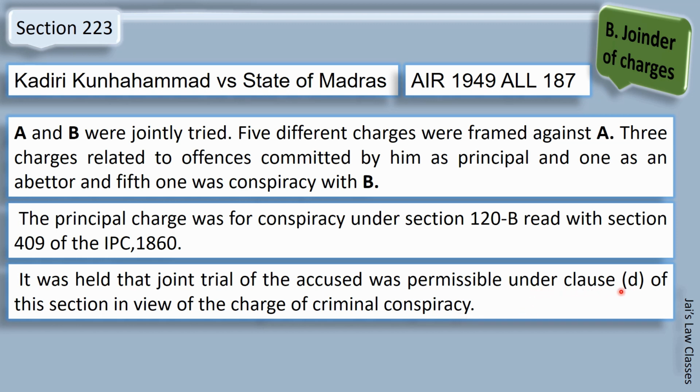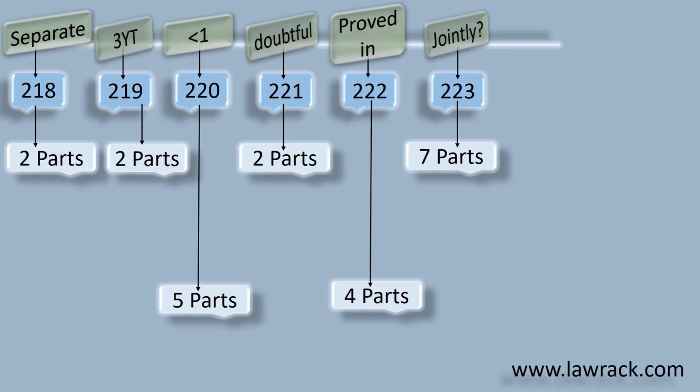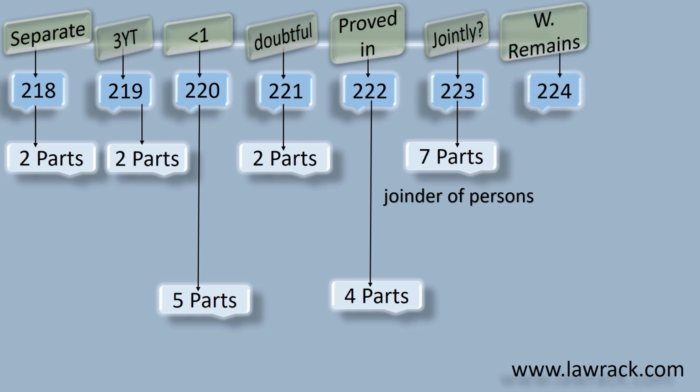Now write down in the comment what is clause D of section 223 so that you remember clause D of section 223 whenever anyone asks. Finally, after covering all 7 parts of section 223, now we remember it's joinder of persons. Now we come to the last remaining section. The keyword to remember is the remains. Section 224. Let's check it right now.